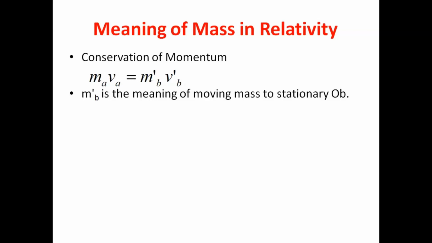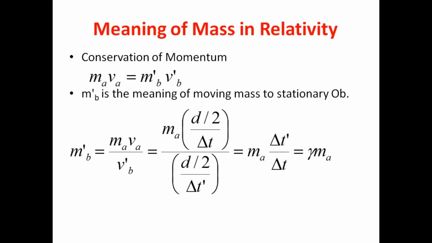So here, even though the proper mass of both the objects A and B is identical, their apparent masses are not identical. Now mb dash is the mass of the object B as observed in the frame S dash. We can simply rearrange the equation for mb dash, and it will be mb dash equal to ma va upon vb dash.